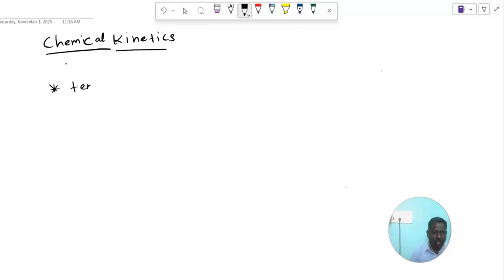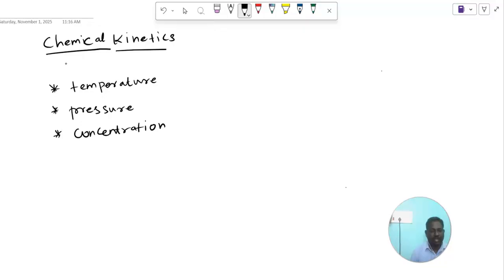Such as temperature, pressure and concentration. So chemical kinetics deals with the measurement of rate of the reaction at given condition. The conditions are temperature, pressure and concentration.